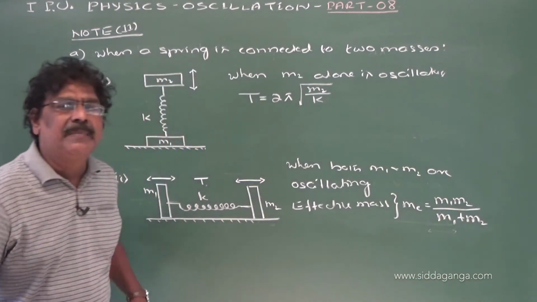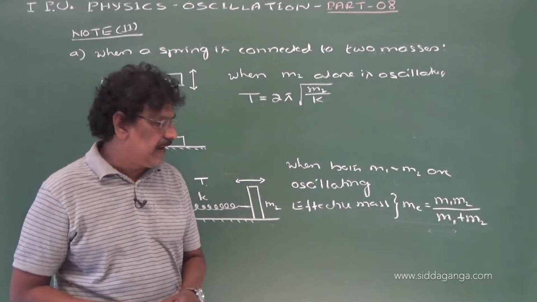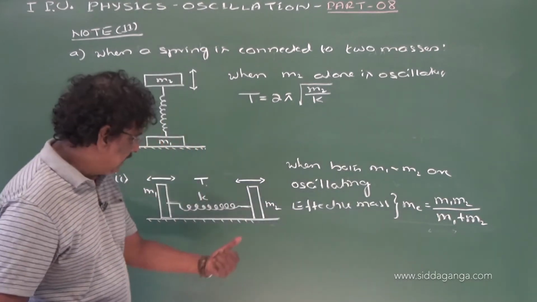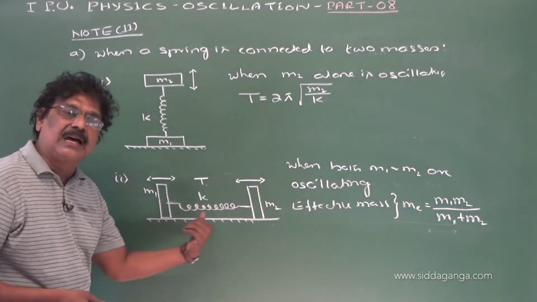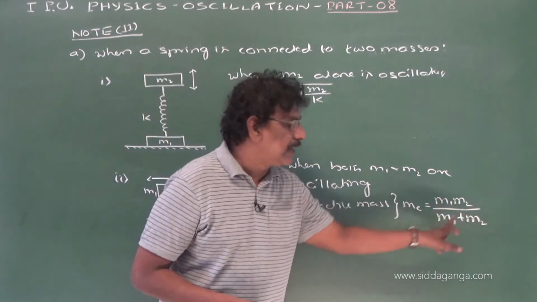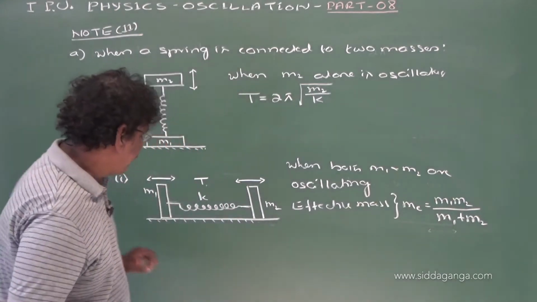Through the mathematical steps and derivation, we can show that the effective mass of the system of two masses attached to a spring is me is equal to m1 m2 by m1 plus m2.